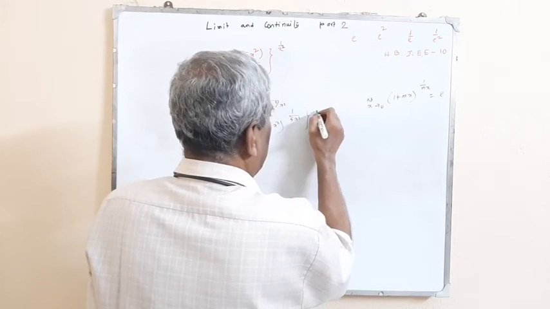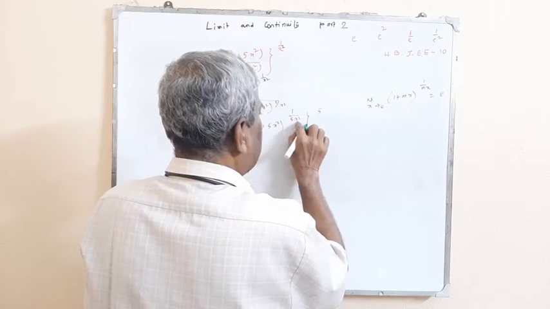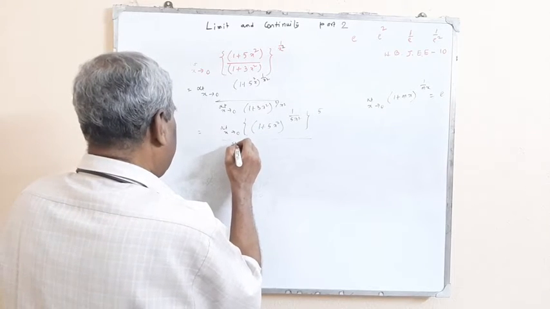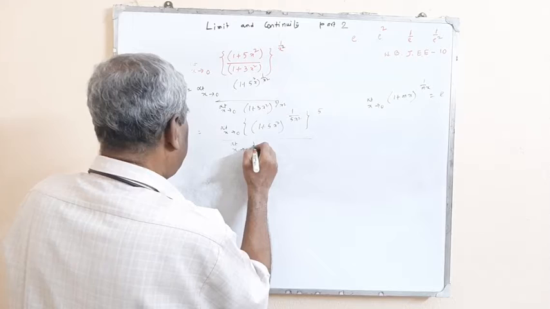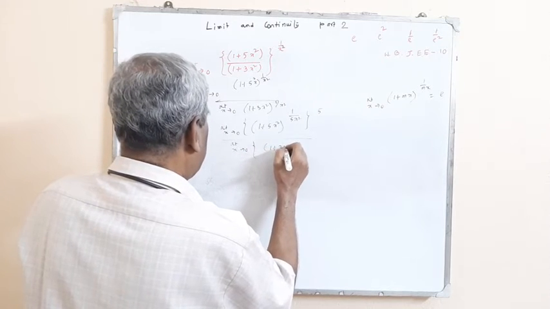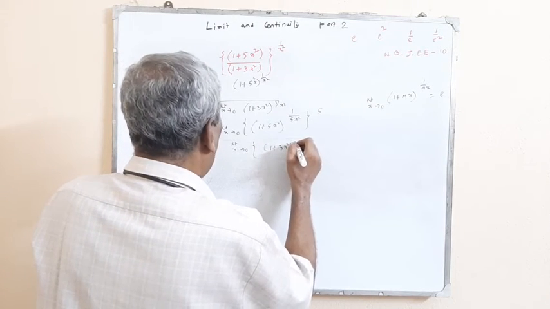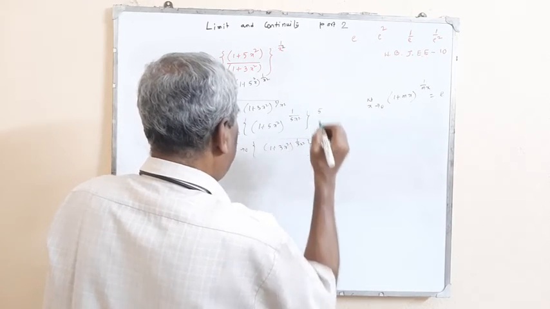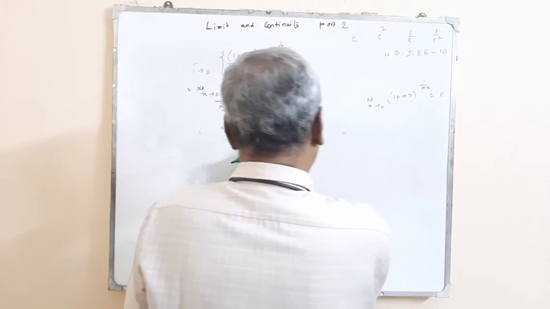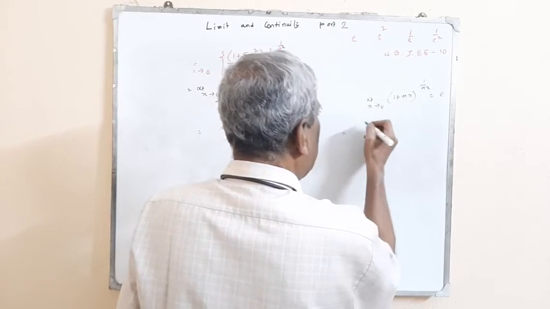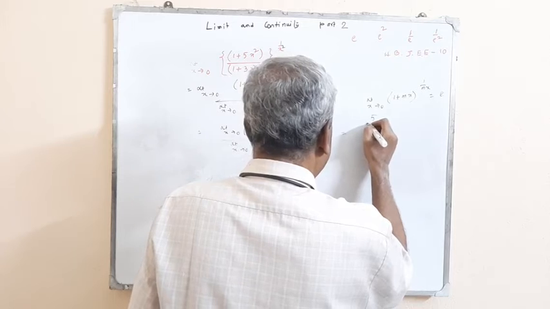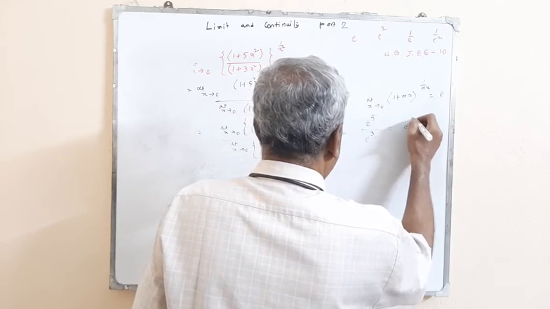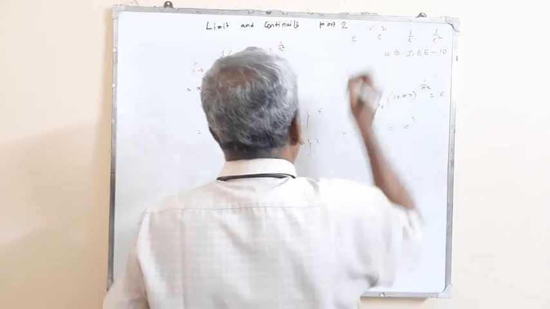It is 5. 5 cancels 1 by x square. Similarly, in the denominator, by the same approach, 1 by 3x square whole to the power 3. Now it is equal to e to the power 5 by e to the power 3, so that e square is the answer. So that second option is correct.